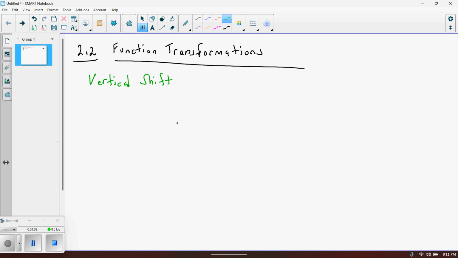So the idea is that if I have y equals f of x as my base function, and I were to add some value, which we'll call k here, remember that f of x represents y, so if I add a value to y, I am shifting the entire thing up k units.